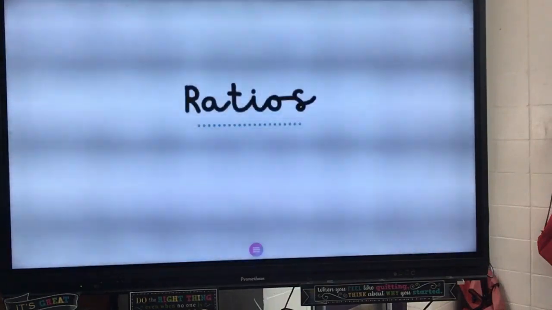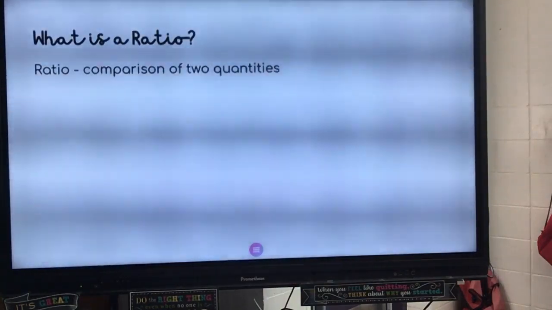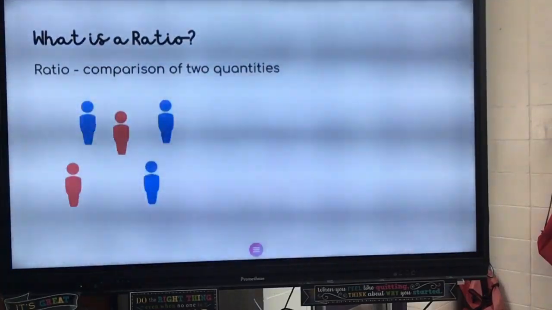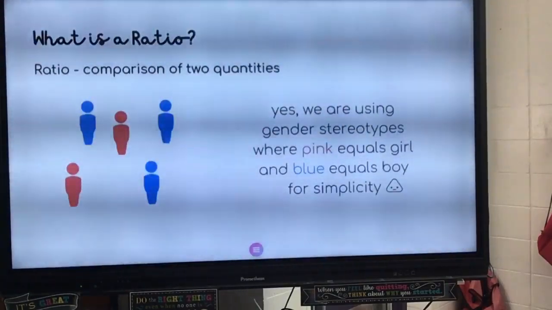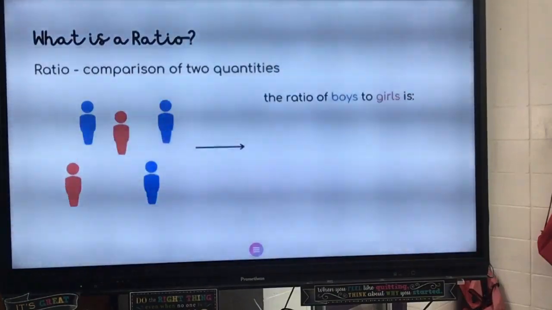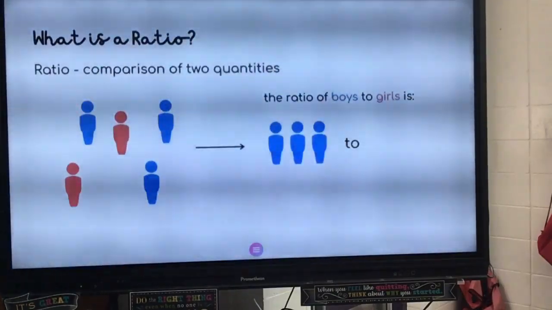So what exactly is a ratio in math? A ratio is a comparison of two quantities. If you look at our first example, which is this group of people, we'll notice that there are more boys than girls. So we can say the ratio of boys to girls is 3 boys to 2 girls.